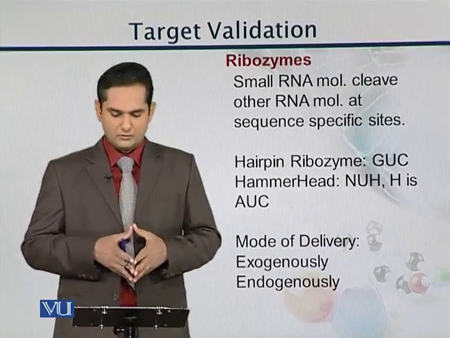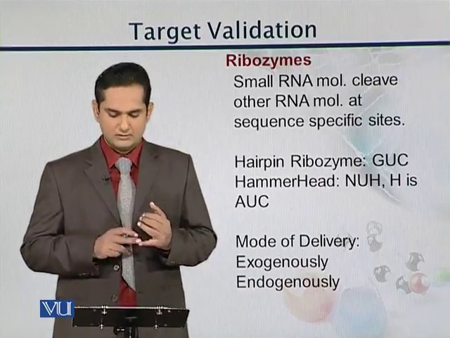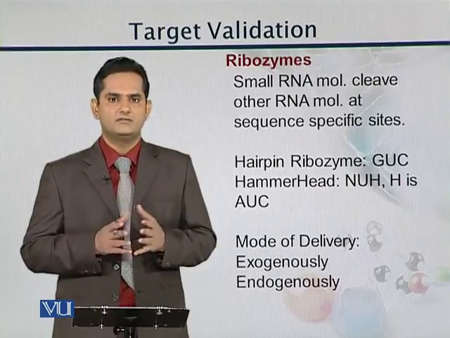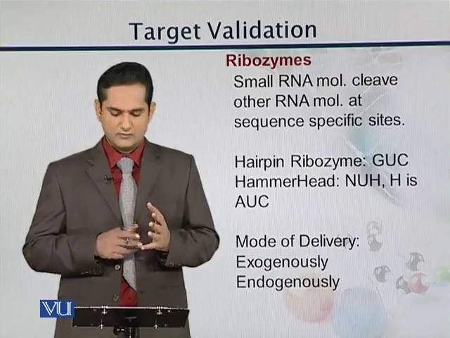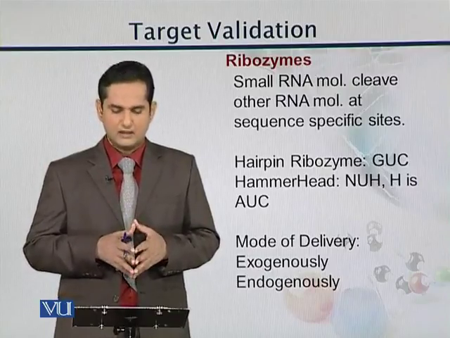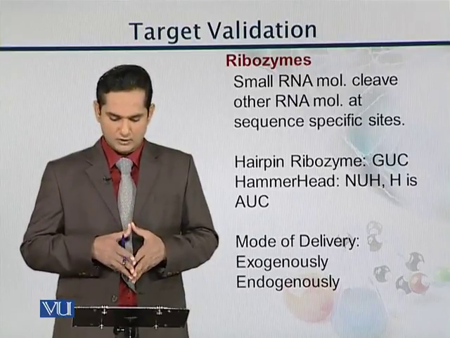I have given two examples here. One is hairpin ribozymes; the hairpin ribozyme consists of only three bases, GUC. Then we have hammerhead, which has NUH, where H can be any of U, C, A and N can be any of the four bases which are part of an RNA molecule.